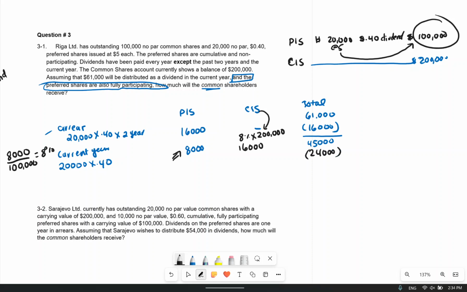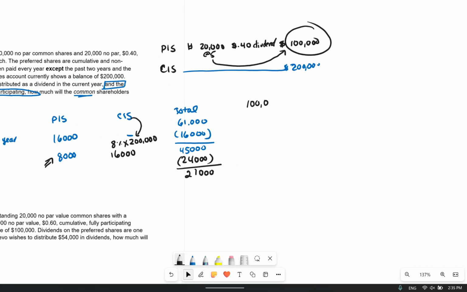Then the leftover we have is participating. So whatever is leftover, which is 21,000. So there's a different way of doing it. We have 100,000 in my preferred, 200,000 in my common. So altogether the total value of your preferred and common is 300.